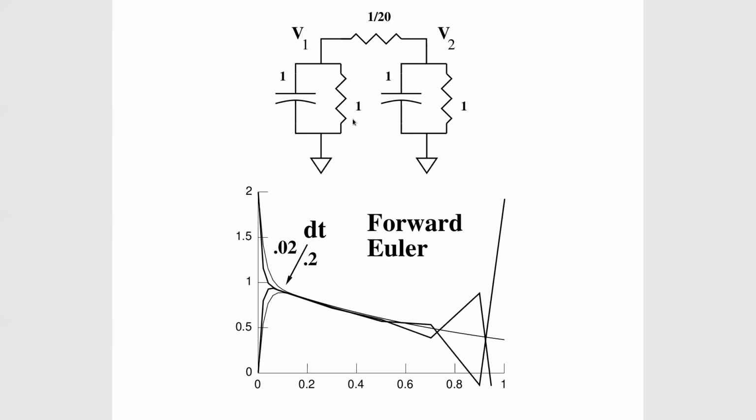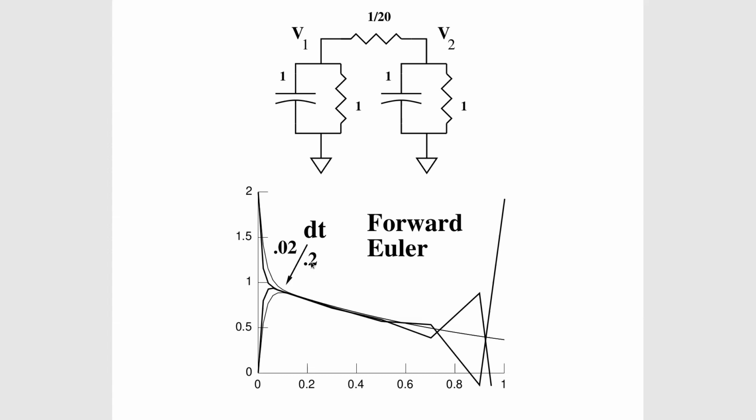The fastest time constant is closer to 1/20th times 0.5, which is the series equivalent of 1 and 1. Okay? 1/20th times 0.5 is 1/40th. So our fastest time constant is 1/40th of a millisecond, but we're taking time steps which are much larger.